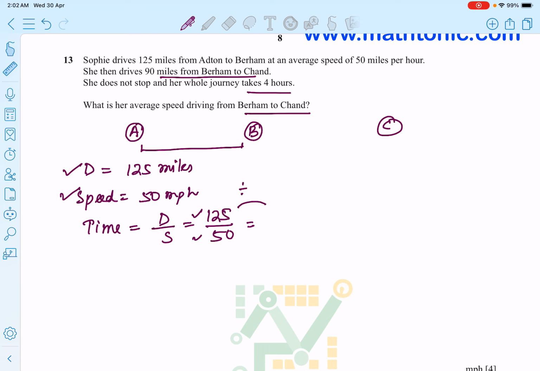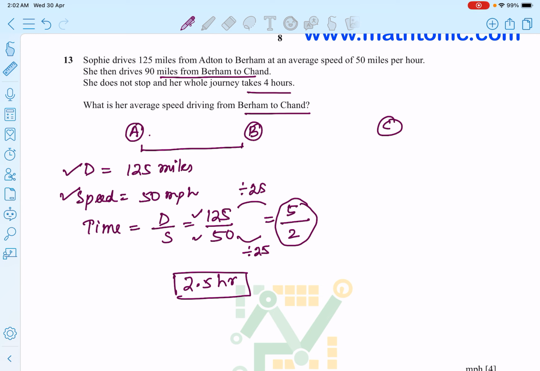So I can divide by 25, and I get this equivalent fraction. 125 over 25 equals 5, because 25 times 5 equals 125, and 25 over 25 is 1, so it becomes 5 over 2, or 2.5 hours. Do you understand, everyone? So that means A to B took 2.5 hours. As per the question, the total time taken from A to C, that means this place to this place, is 4 hours.